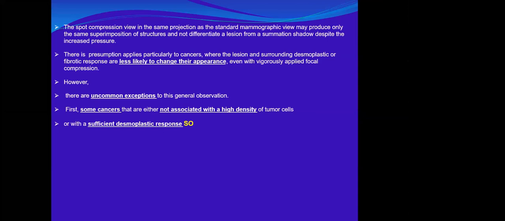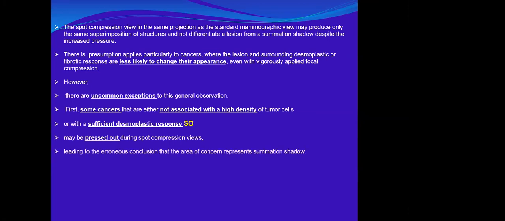Also, some cancers might not have a sufficient desmoplastic response, so there might be only slight change between the standard view and spot compression. It might slightly spread away on spot compression because it is less dense or has less associated desmoplastic reaction. So this definitely might lead to the erroneous conclusion that we are not dealing with cancerous tissue.